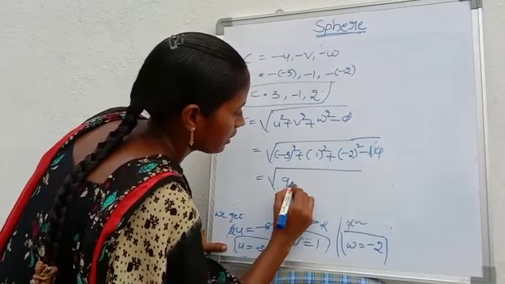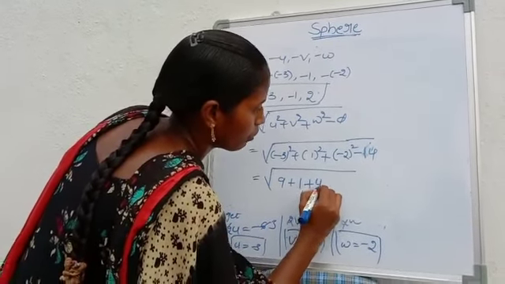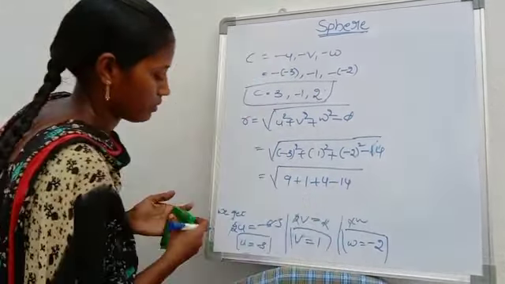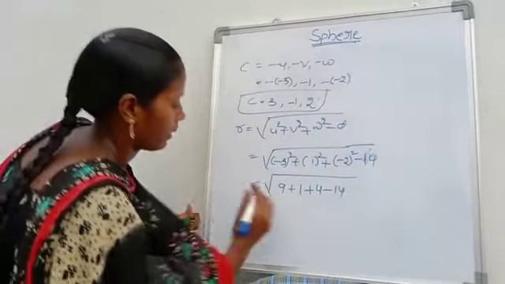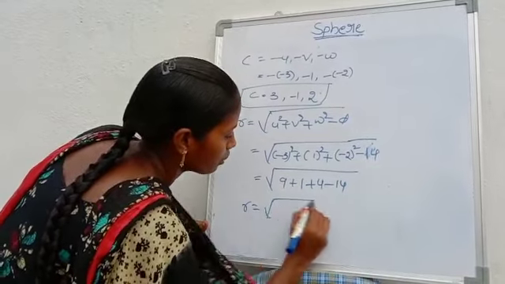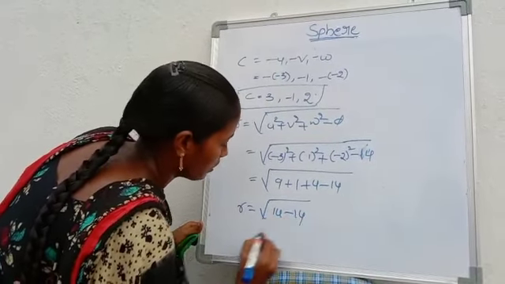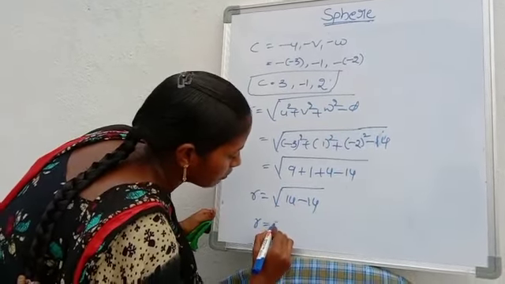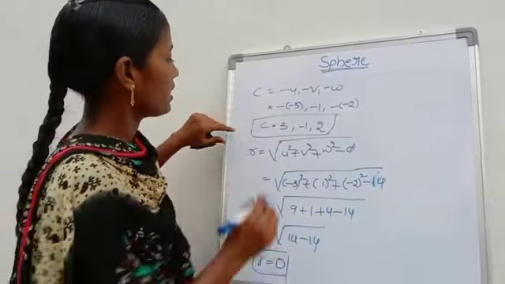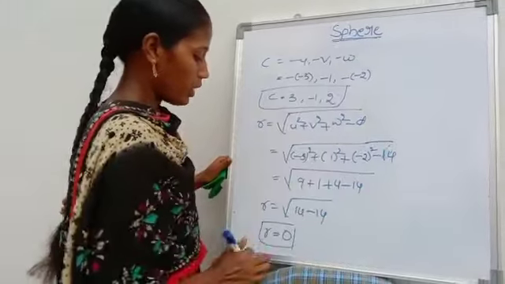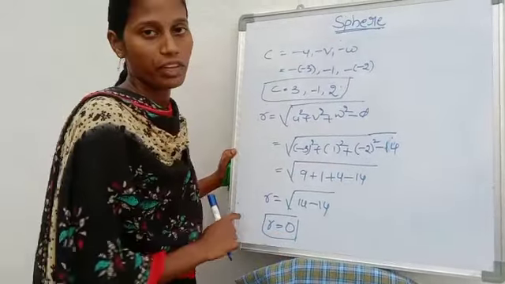So 9 plus 1 plus 4 minus 14. r equals under root 14 minus 14. So we get r equals 0. Center is (3, minus 1, 2) and radius is 0. Thank you.